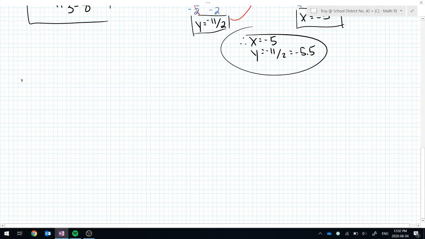So our first example is going to look like this. Of course, I'll be asking you to solve a certain system, and the system is going to look like this: 2/3 x minus 1/2 y equals 4, and 1/2 x plus 1/4 y equals 5/2.